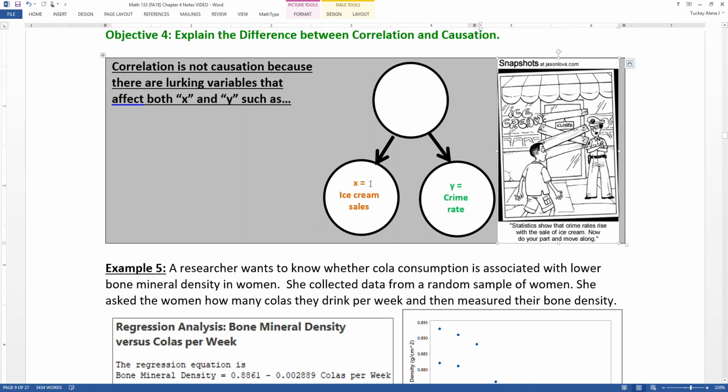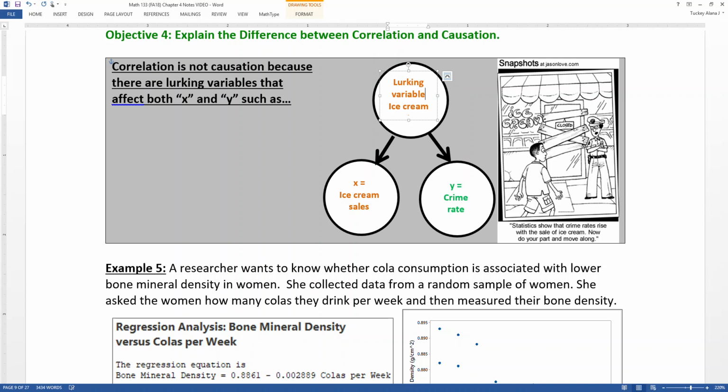This police officer is mistaking something else that's going on. There's a third variable that's affecting things, which is the lurking variable. And the lurking variable would be season, so weather or the season. See, the thing is that crime is much more likely in the summertime.